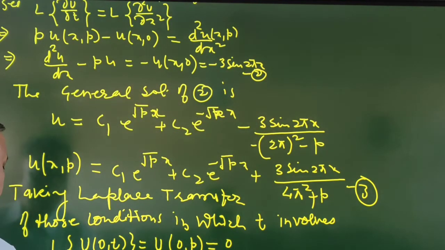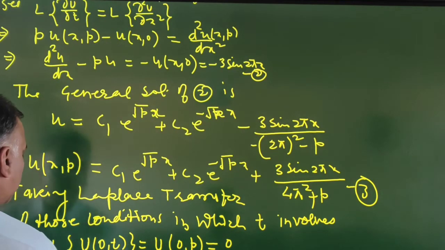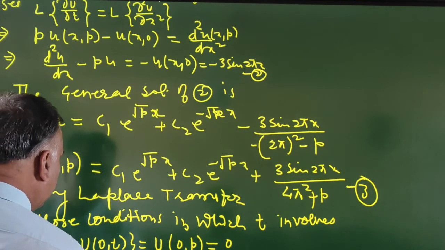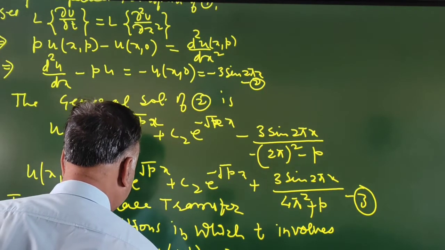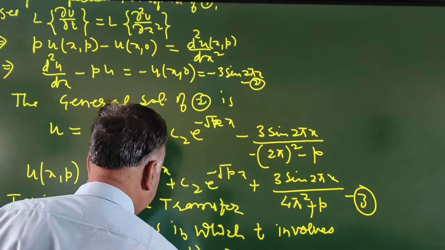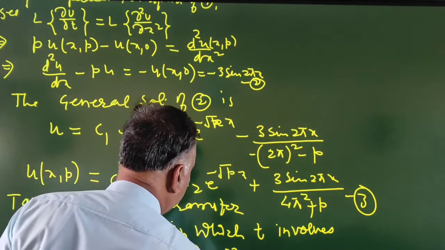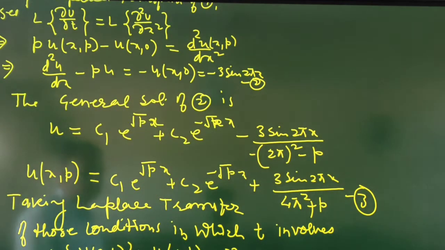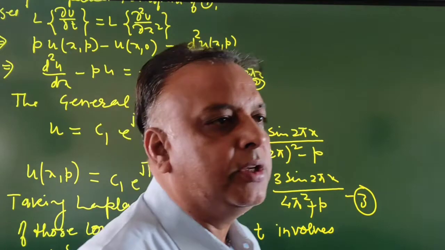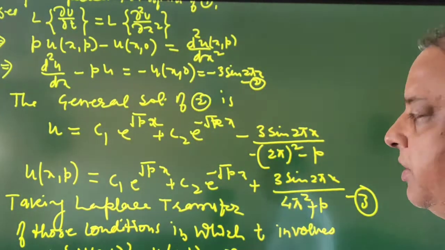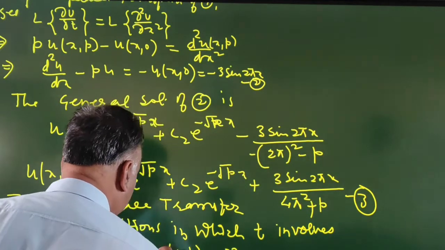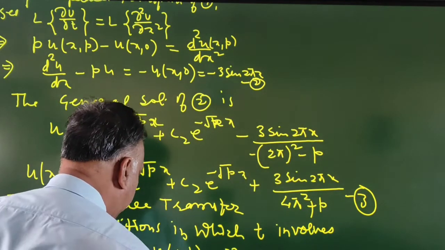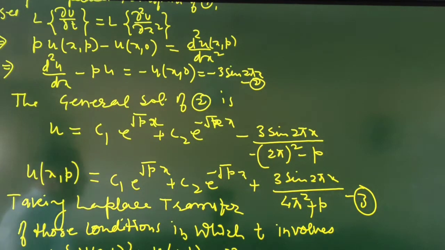And the Laplace transformation of u(1,t) is u(1,p), and this is also equal to 0. This is number 4. So by taking the Laplace transformation of those given conditions in which t is involved, we get u(0,p) = 0 and u(1,p) = 0.